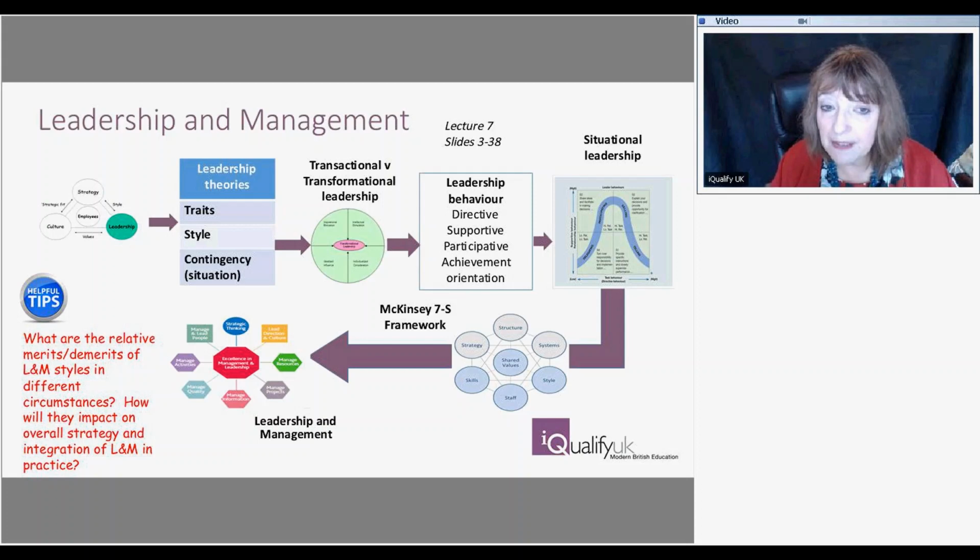For whatever reason, the transformational leader is the one that will make it happen. That leads us to not just the concept of whether it's transactional or transformational, but the behaviour that we recognise in our leaders. So are they directive, supportive, participative, or achievement oriented?